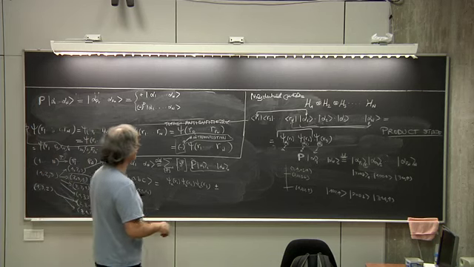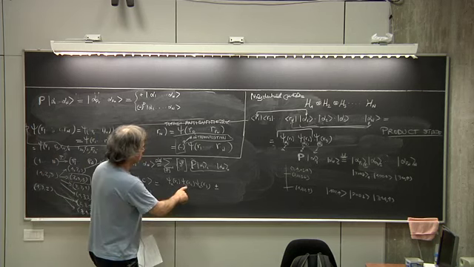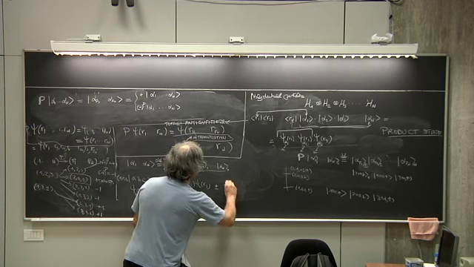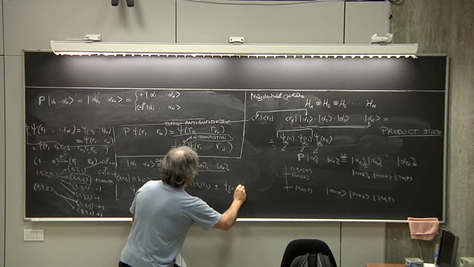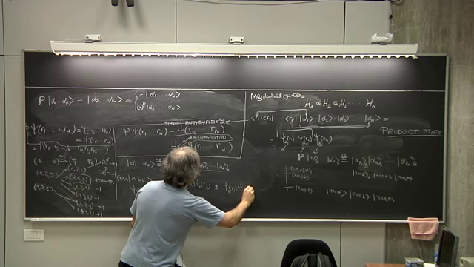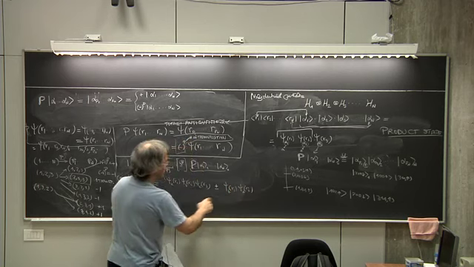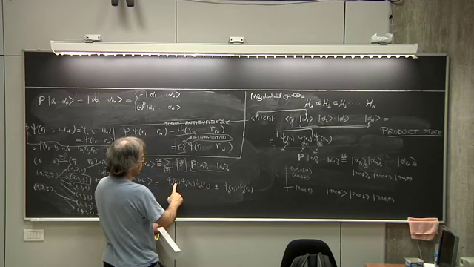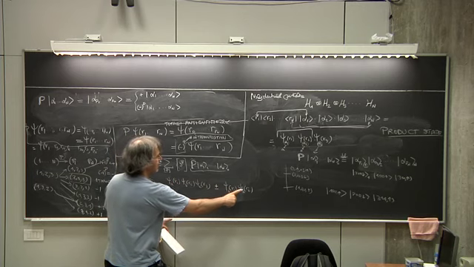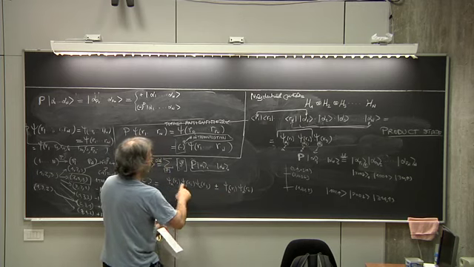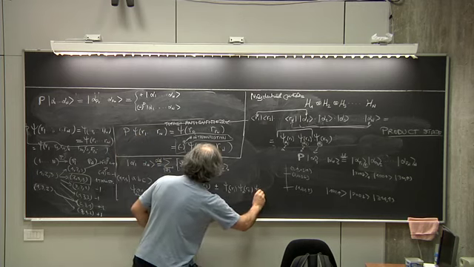Now I transpose the label of 2 and 1. So I write, for instance, psi B of R1 and psi A of R2. So now particle 1 is, rather than in A, it's in B. And particle 2 is in A rather than B. Particle 3 stays in the same.